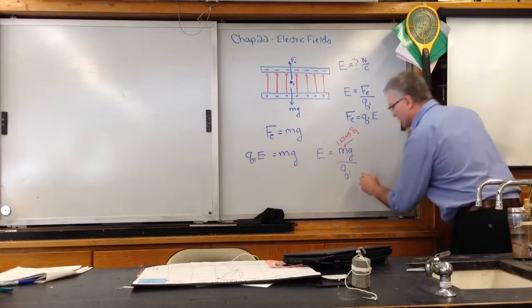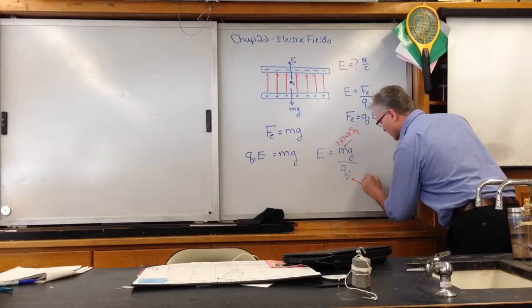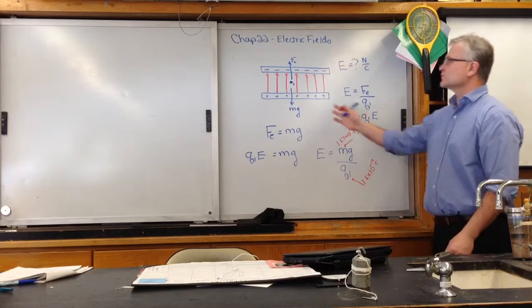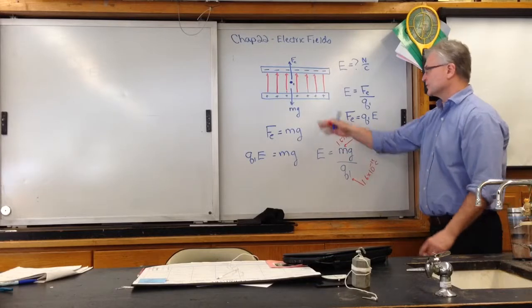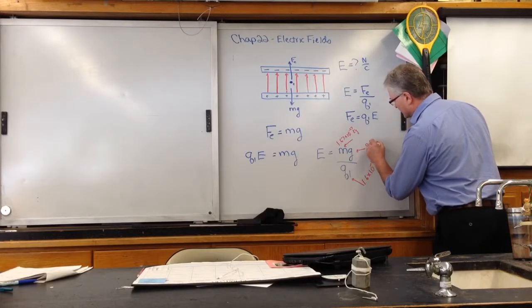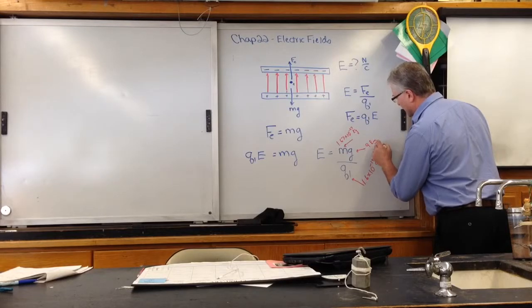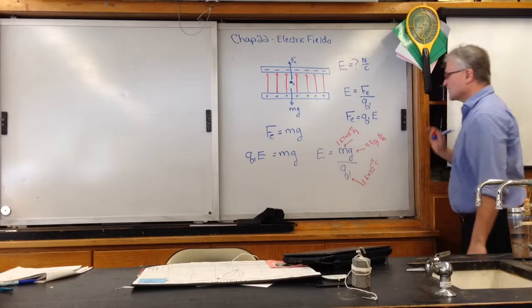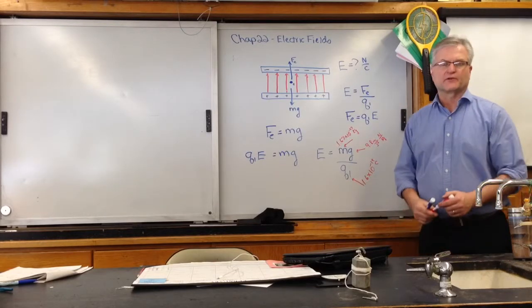We know the charge on a proton is the same as the charge on an electron, 1.6 times 10 to the minus 19th coulombs. Let's assume we're doing this on the planet Earth, so we could use a g value of 9.8 meters per second squared, or we could do it in newtons per kilogram. Either way would be fine. And we can now solve for the strength of the electric field.